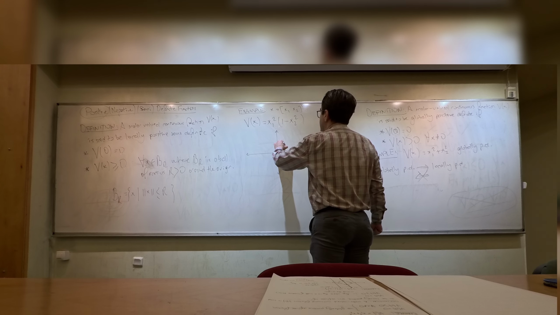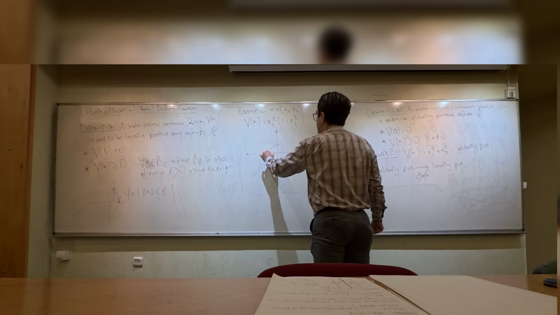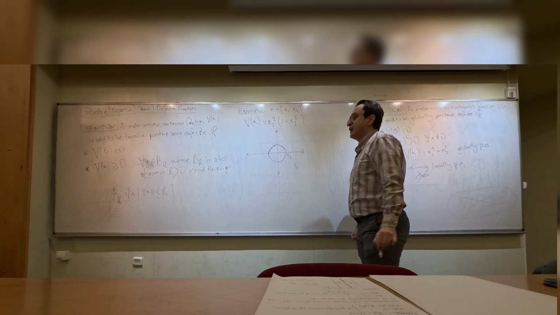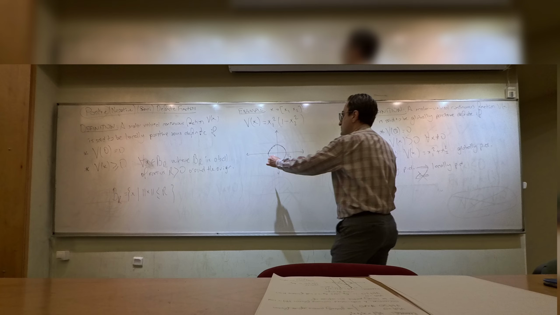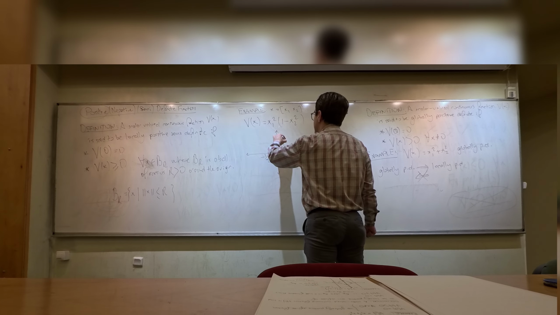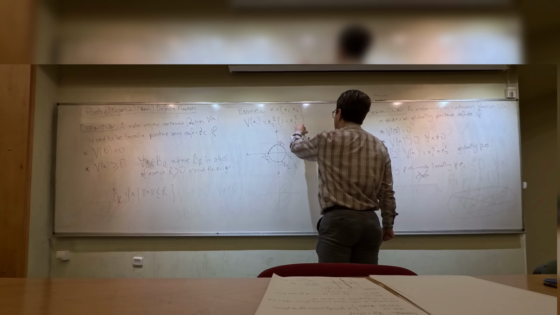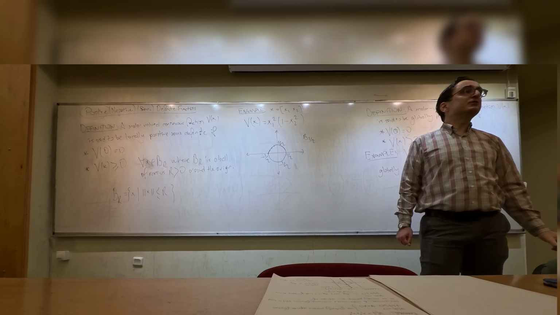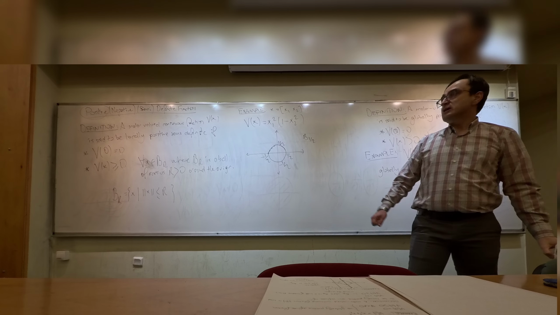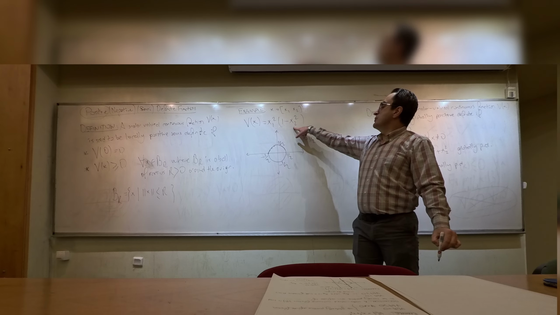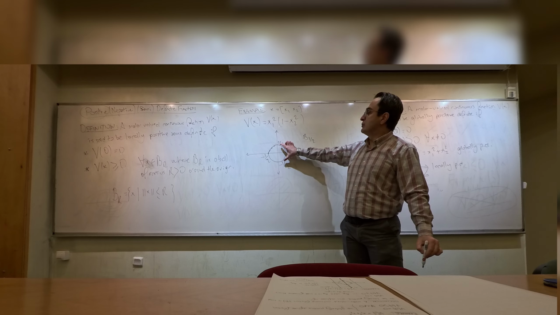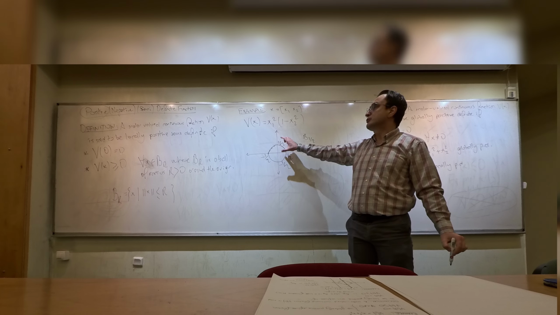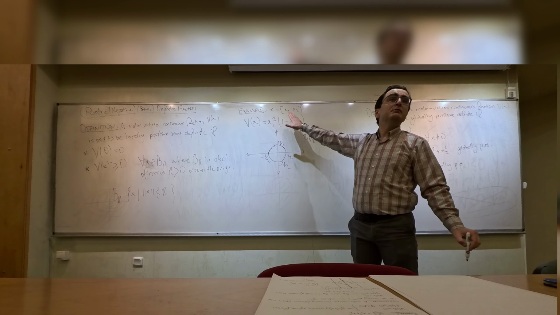So let us say I'm looking at a ball of radius 1 over 2, B_1/2, a ball around the origin with radius 1 over 2. In that case, because x2 takes values only between minus 1 over 2 and plus 1 over 2, the term (1 minus x2 squared) would always be positive.